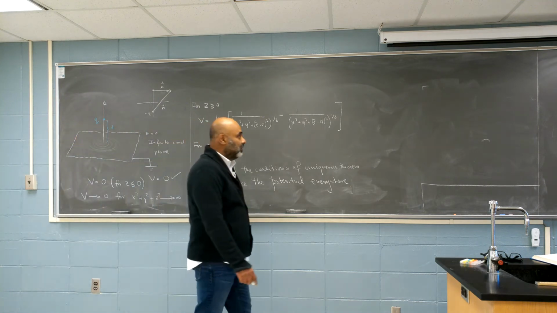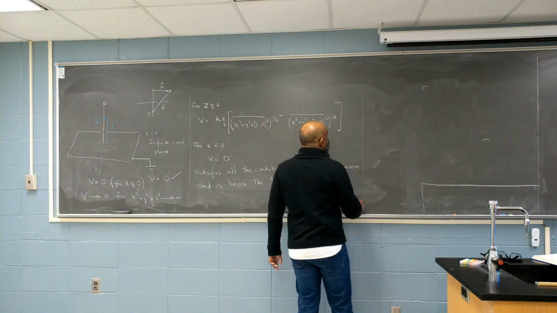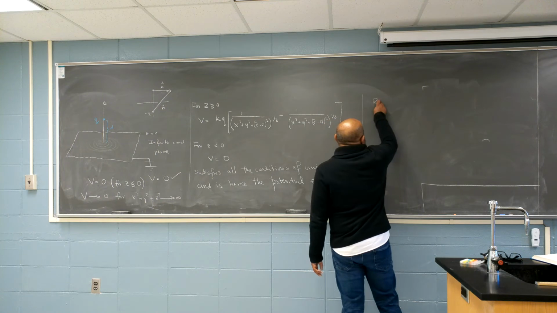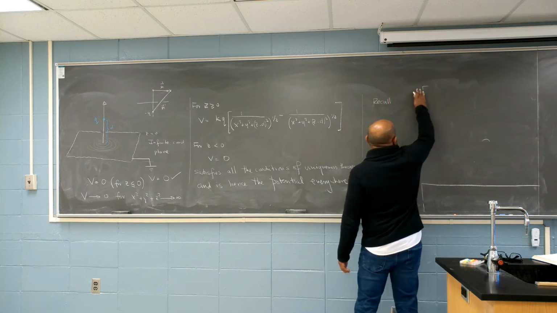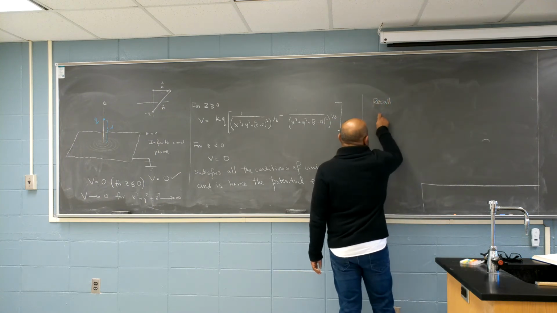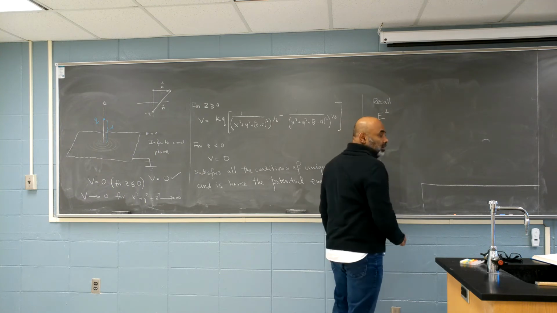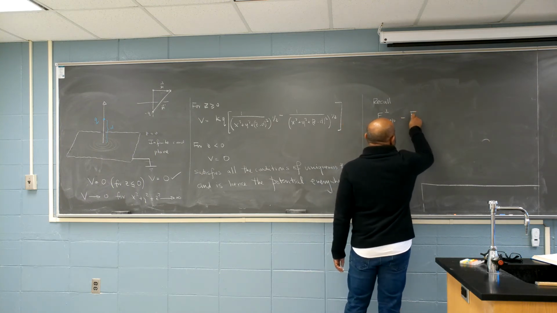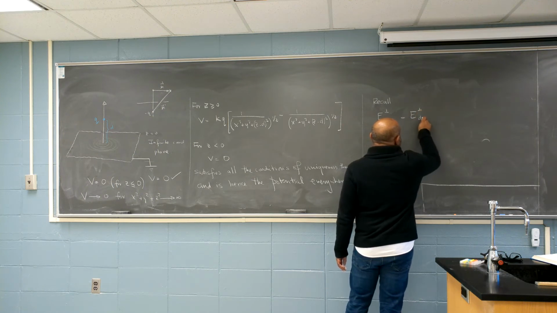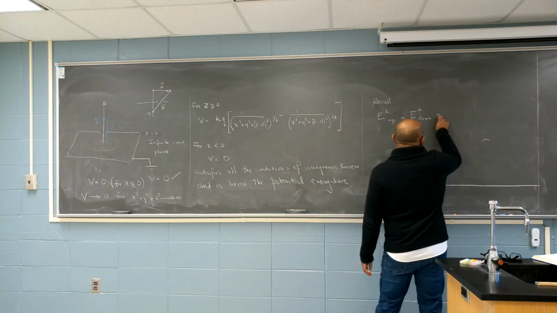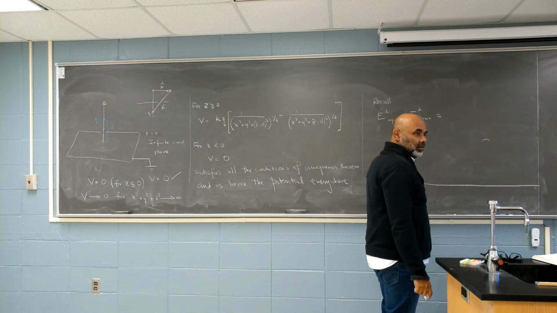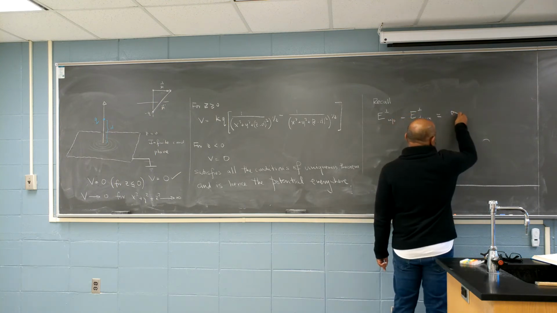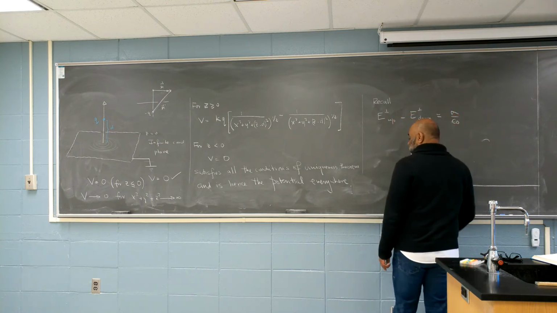For that, you recall E perp up minus E perp down equals sigma over epsilon naught.